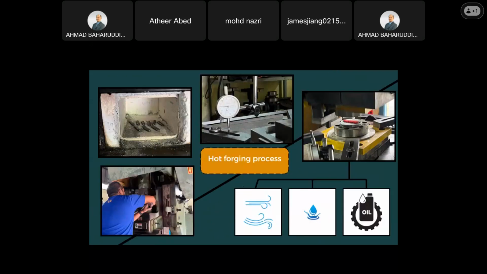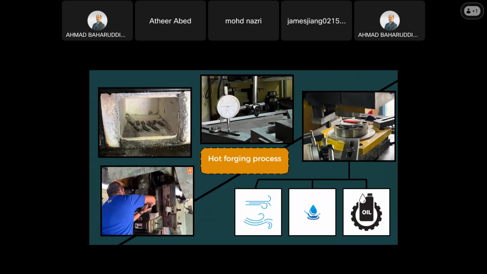Now for the hot forging process, as you can see here, 9 specimens were placed into the furnace, and this here is our technician setting up the forging machine. And this here is called a dial test indicator. We use that to measure how much height we want to compress the specimen.